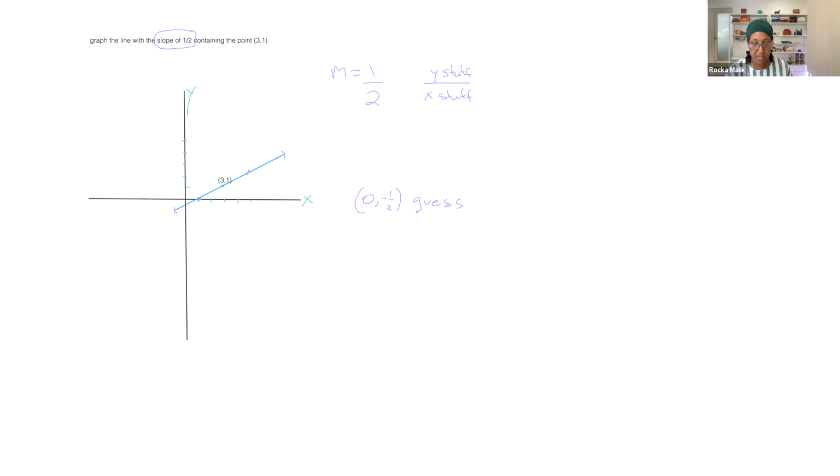Would the line go straight across? Yes, it goes upward. It's not flat like this, but it's up a little bit. So that looks like 5, 2. Right, so 1, 2, 3, 4, 5, 2.